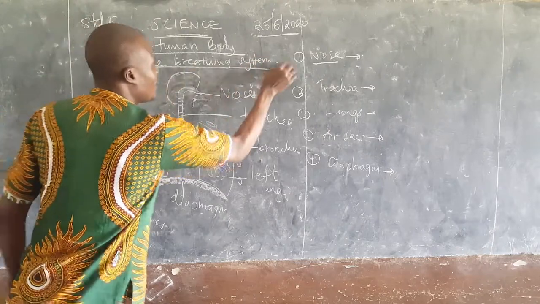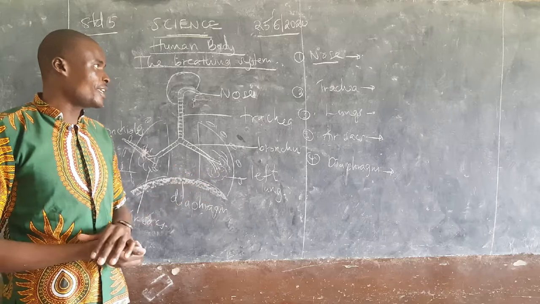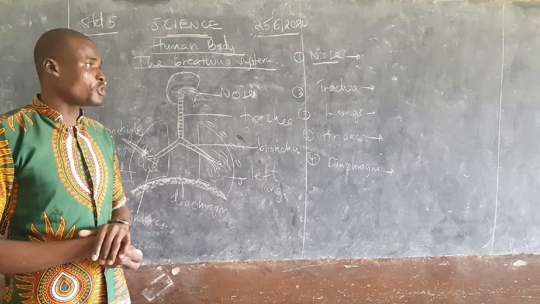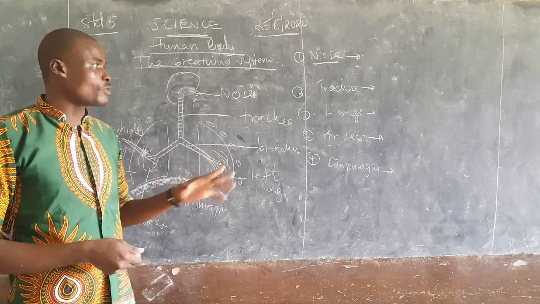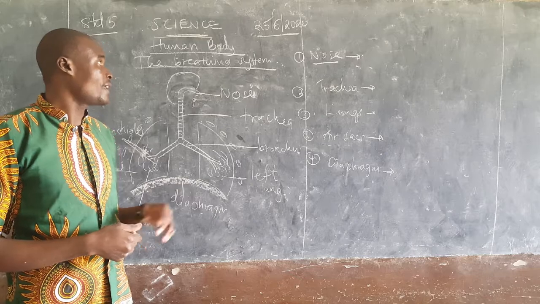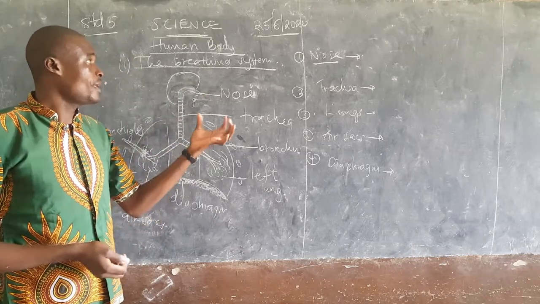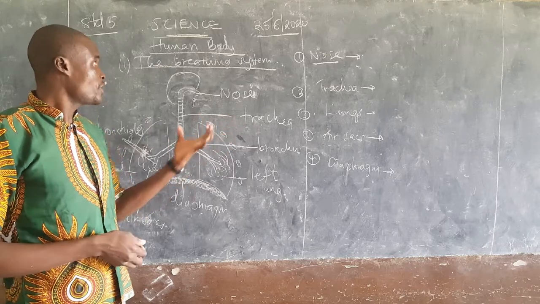So learner, I know that most of you have a problem in this particular area. Though this one is the first topic in class 5, I want to take this opportunity to revise it first. As soon as we finish this, we'll go to the next subtopic that is going to be on the gut or the digestive system. So let's begin with this.